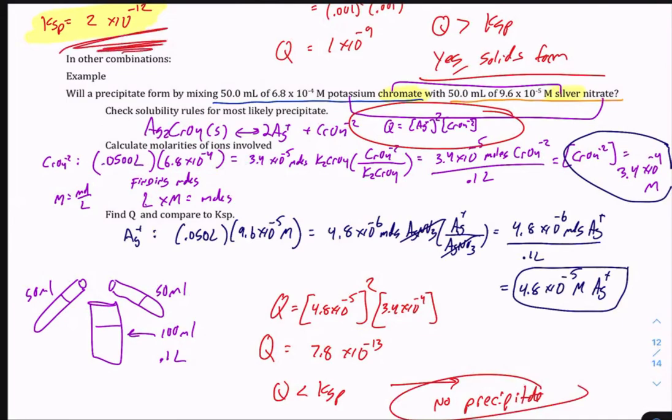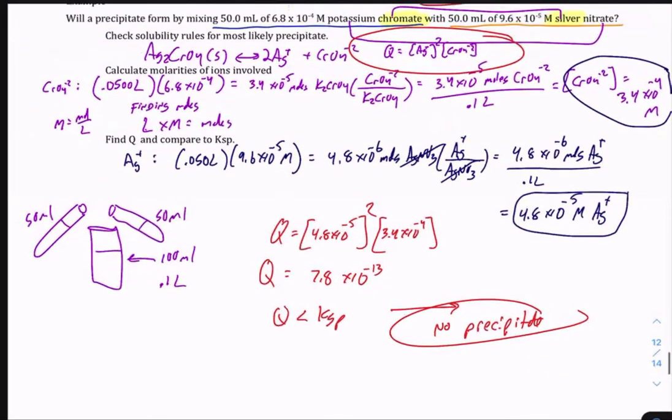So there's more work involved to find the concentrations. But in essence, the heart of the question is just a comparison of Q to K. Most of the work is done in calculating what the concentrations will be before you plug them into Q. Conceptually, though, we've been following the same themes.